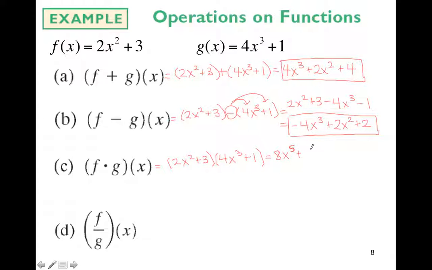Okay, keep going, 2x squared times 1. So next one, 3 times 4x to the third, that's 12x to the third. And then 3 times 1, so plus 3 at the end. Okay, that one, no like terms. You can rearrange it into descending order if you feel like it. So that one's finished.